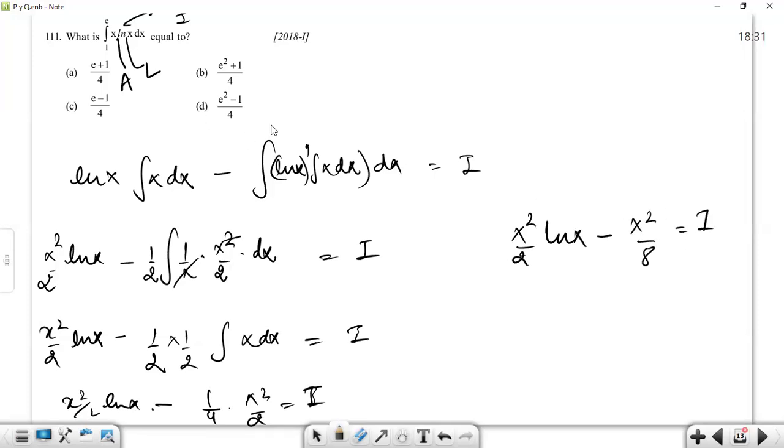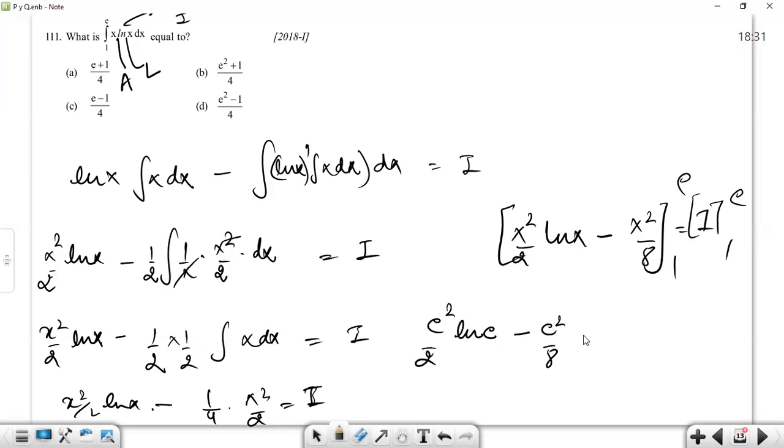This is our integration. Now let's apply the limits from e to 1. So first putting the upper limit, x square by 2 ln of e minus e square by 8, and then subtracting it, putting 1 by 2 ln of 1.